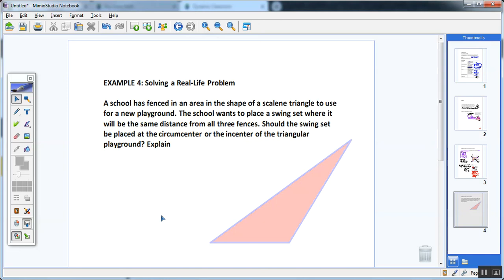So we're looking from a point to a perpendicular path to each side. So it said, should the swing set be placed at the circumcenter or the incenter of the triangular playground? What would you say? Incenter. I want it to be the incenter because the incenter is the same distance to each side. The circumcenter is the same distance to each corner, if you will.